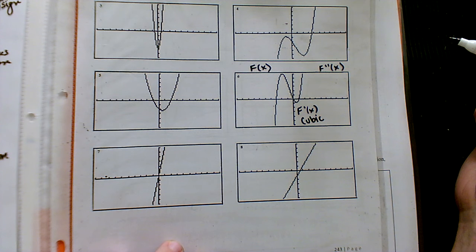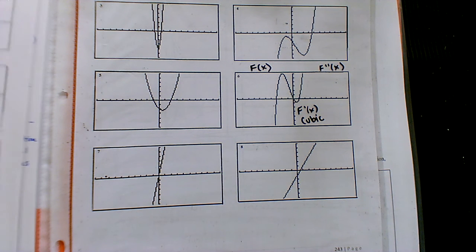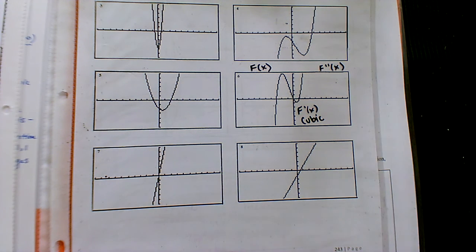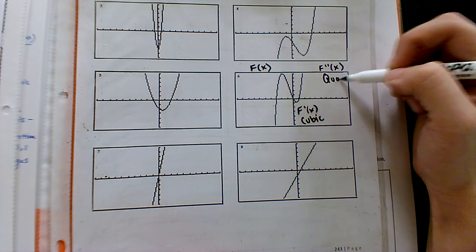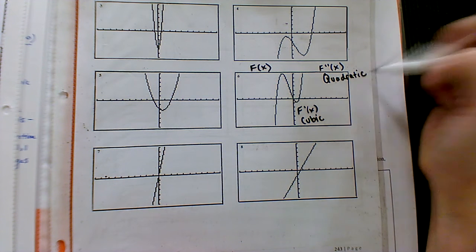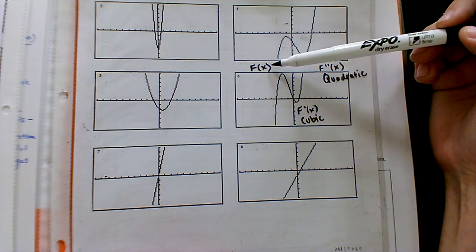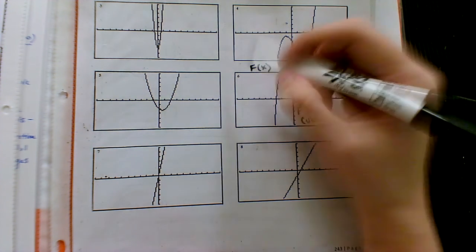So can we think about what f of x or f double prime should be? If we take a derivative, that would be quadratic. But if we go backwards, quartic, good.